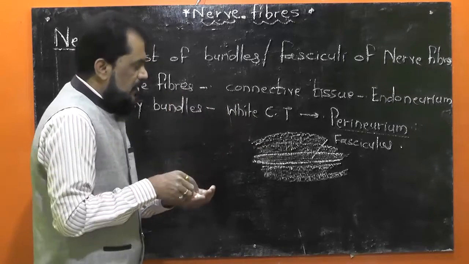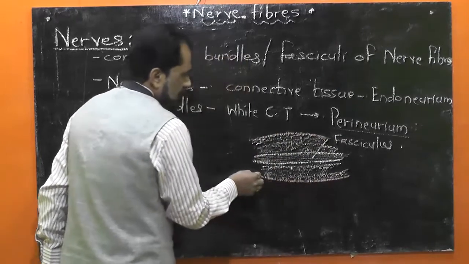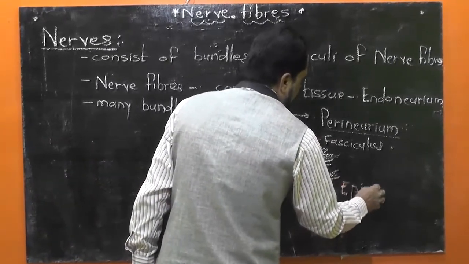All these bundles of nerve fibers, suppose in this diagram 5 bundles, are covered externally by again a white fibrous connective tissue which is known as epineurium.